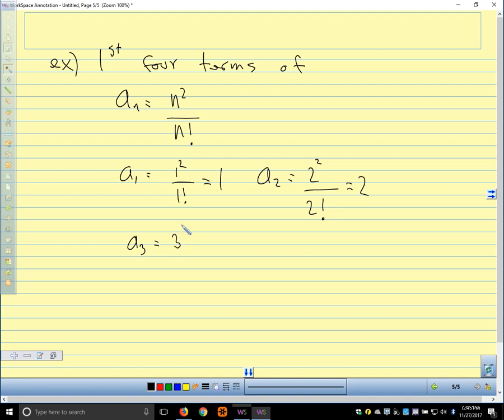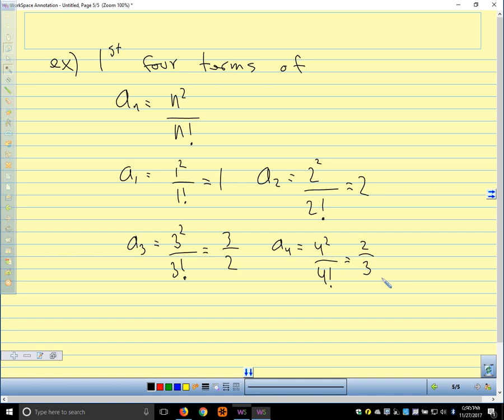A sub 3 is 3 squared over 3 factorial, which is 9 over 6, which is 3 halves. And a sub 4 is 4 squared over 4 factorial, which is 16 over 24, which is 2/3. Those would be our first 4 terms. Questions there?